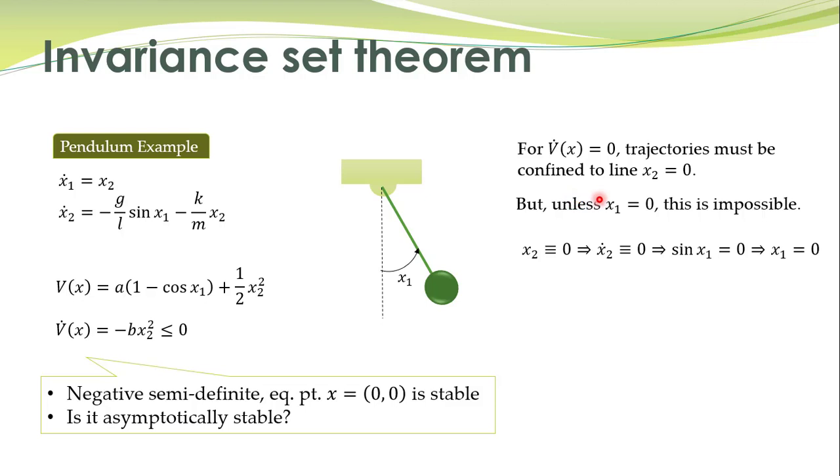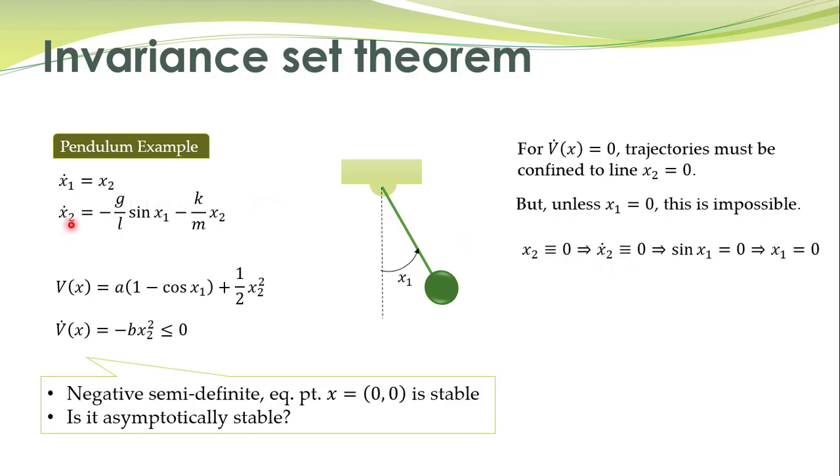When x2 is identically equal to 0, it means that its derivative will also be equal to 0. If x2 is identically equal to 0, then x2 dot is also equal to 0.